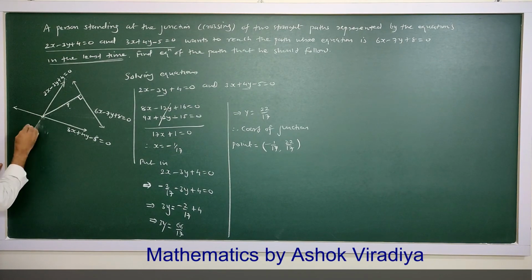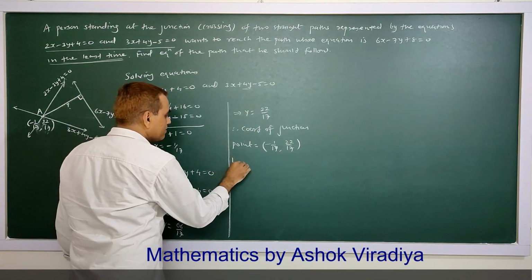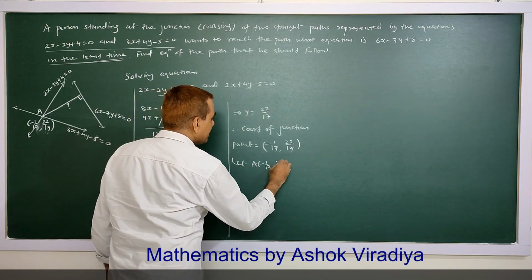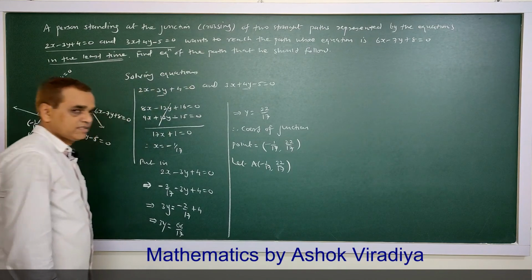This is minus 1 by 17 comma 22 by 17. Let me say this point is A. So let A be minus 1 by 17, 22 by 17.